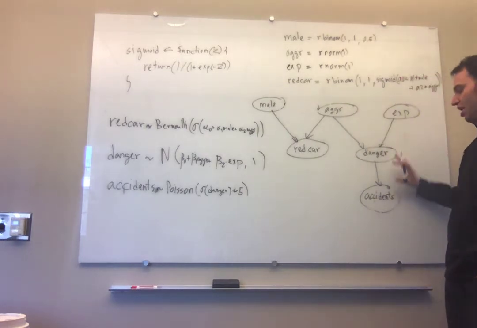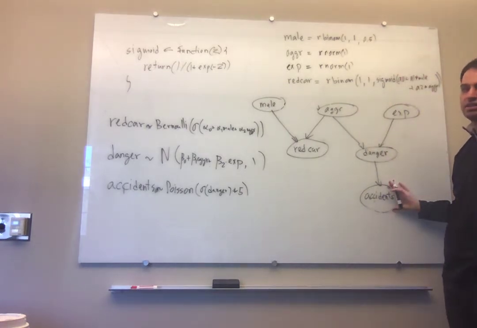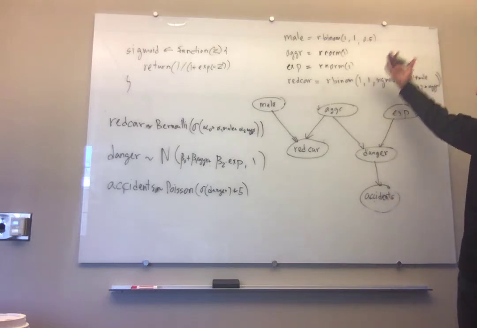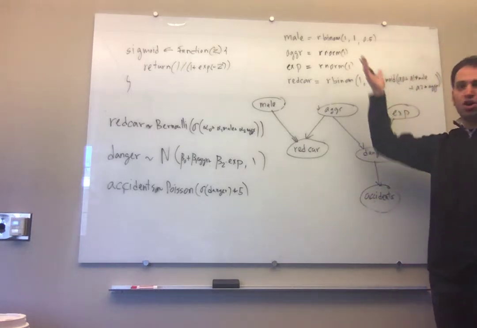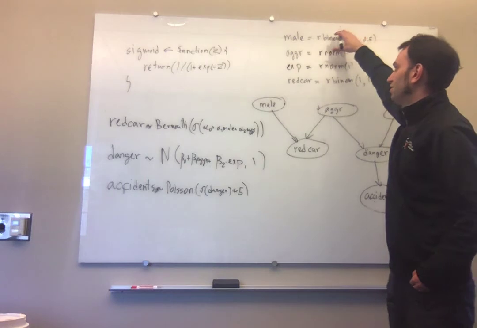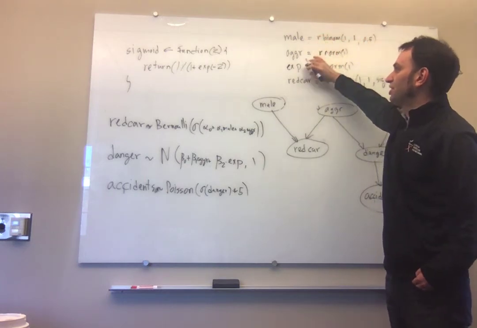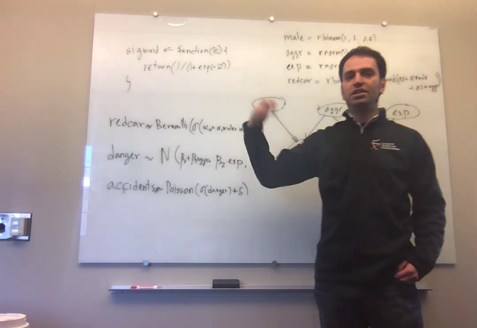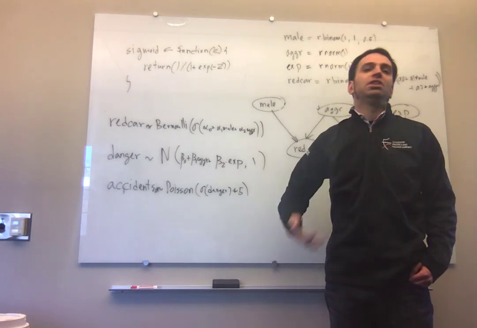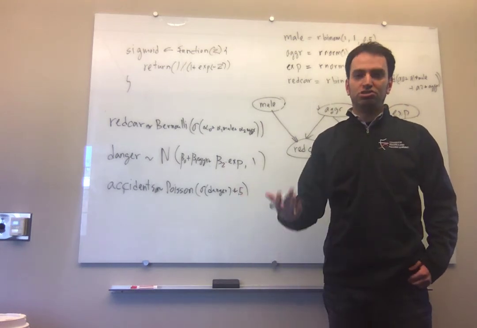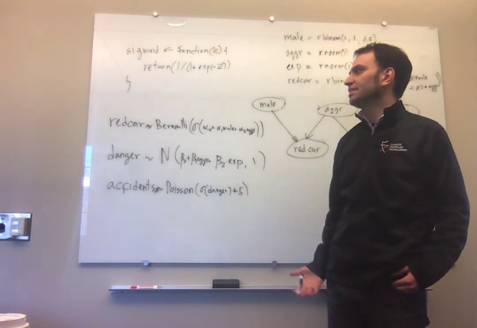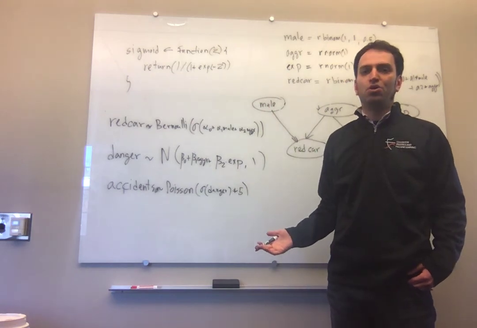After I do danger, I get to generate the number of accidents. So just try that, and then you can call this function where you define male, aggression, experience, red car, and so on, and then you return it, and then you get to call this function multiple times using, for example, replicate, like we saw in class, in order to create a whole data set.